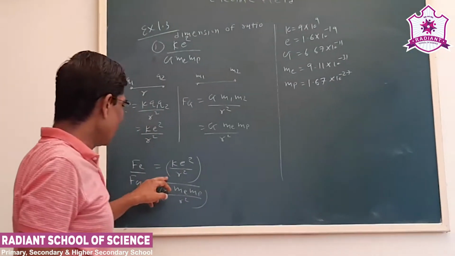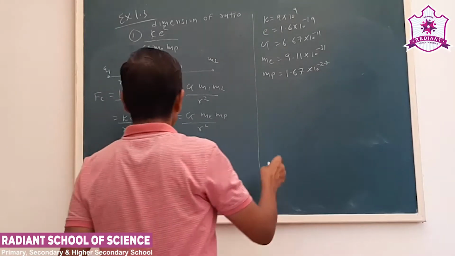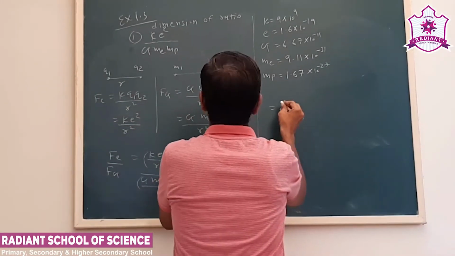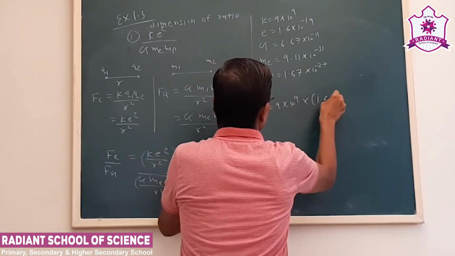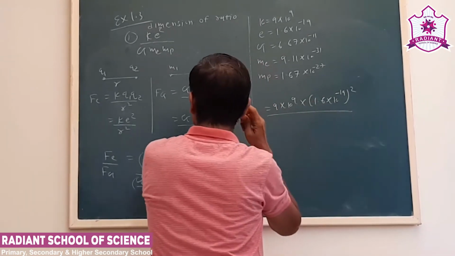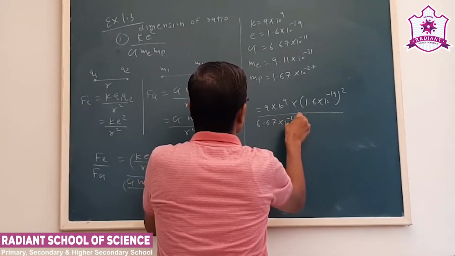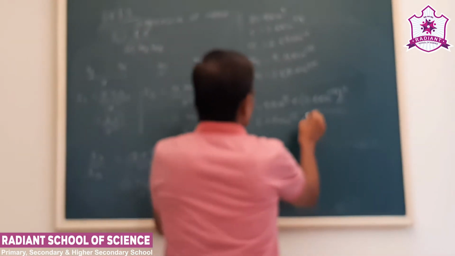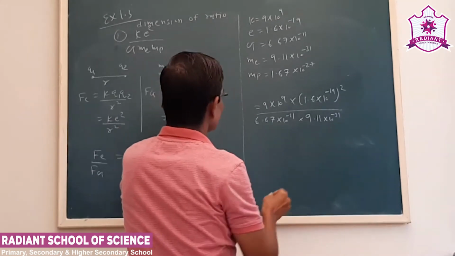Okay. Now see, R is not significant. Why? Because it will get cancelled. Now we substitute this here. 1.6 into 10 to minus 19 whole square. G is 6.67 into 10 to minus 11. Mass of the electron, mass of the proton.